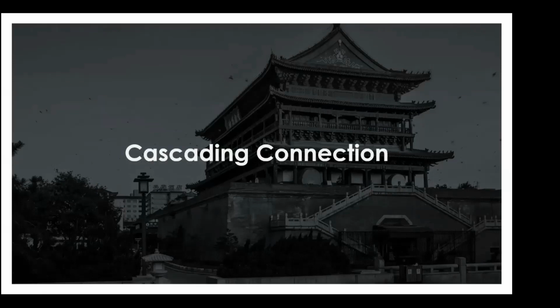So how can we do the cascading connection? I mean, the hardware. You know, the NovaStar has many controllers like the M Control 300, M Control 600, even the M Control 4K. All of these products will have different cascading connections. So next, I will explain you one by one.